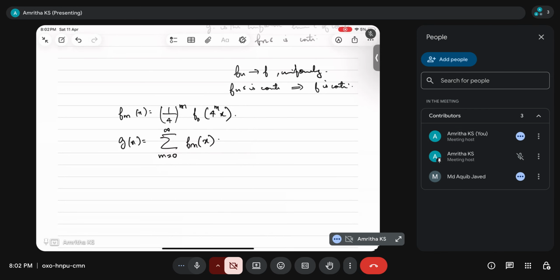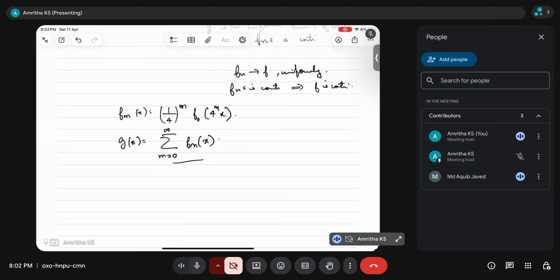Then it is a limit of continuous functions, right? The f_m are all continuous, and the absolute value of each term is less than or equal to 1 by 4 to the power m.